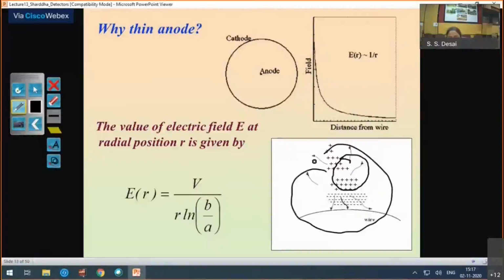Whenever your wire is completely surrounded by this charge cloud, it is facing a very high electric field. Multiplication is carried out, and after multiplication, whatever charge is created is processed by the electronics. So this is the principle of the proportional region, where your initial charge is amplified internally.